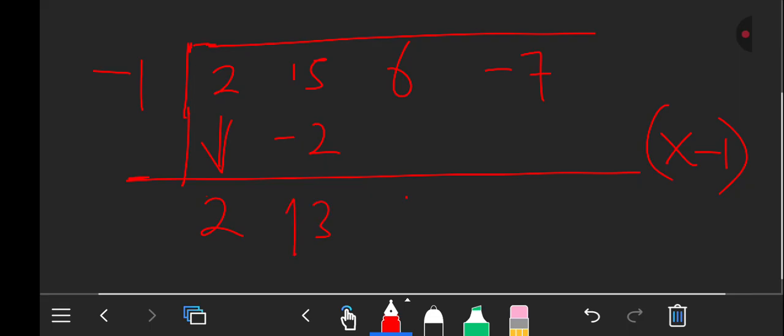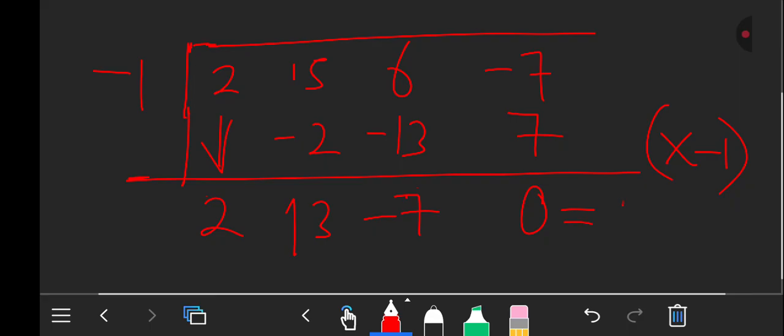Then here again you multiply negative 1 by 13, you'll get the answer negative 13. Then what is 6 minus 13? So 6 minus 13, you get the answer to be negative 7. I'm going direct to 6 minus 13 because I know that 6 plus negative 13 is the same as 6 minus 13. So negative 1 multiplied by negative 7, you get the answer positive 7. Negative 7 plus 7, you get the answer to be 0.